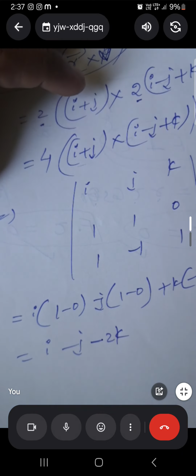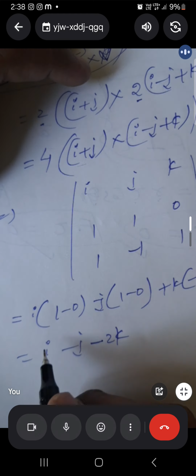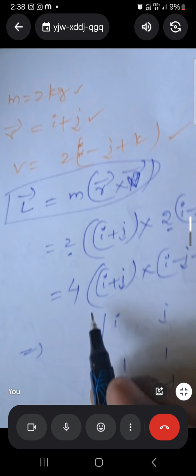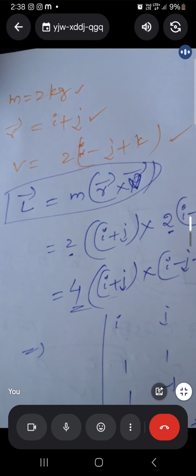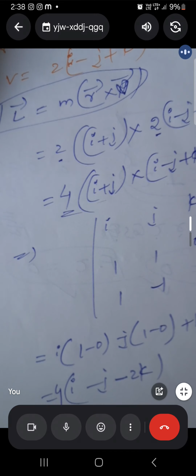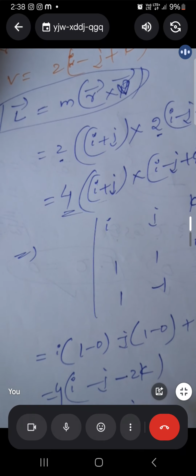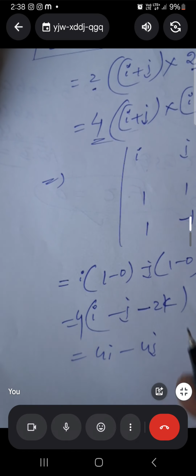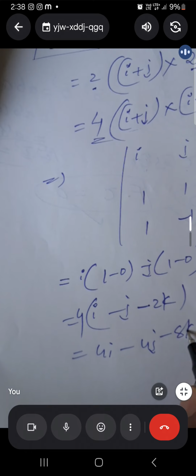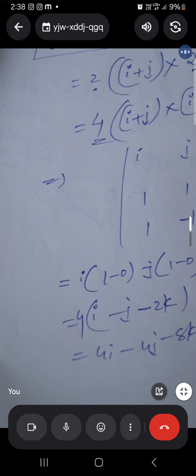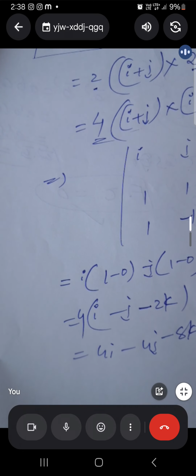And here the 4 is also there, so 4 times (i minus j minus 2k) gives 4i minus 4j minus 8k. He's asking for the magnitude along the z-axis.